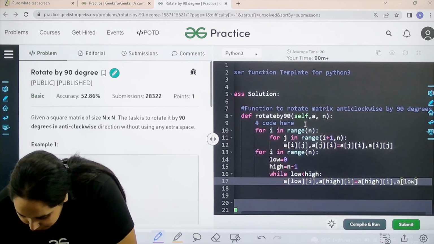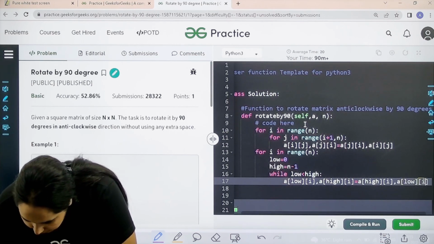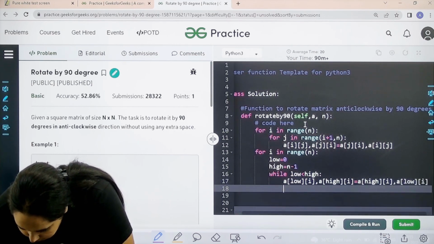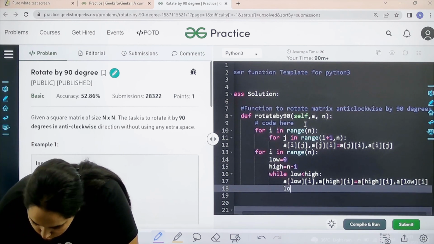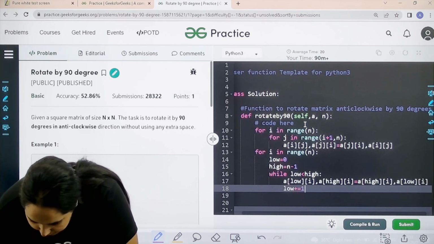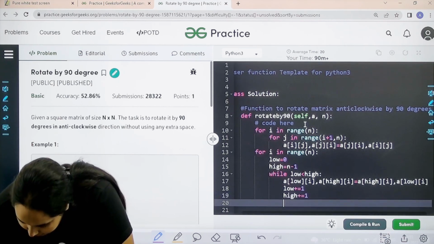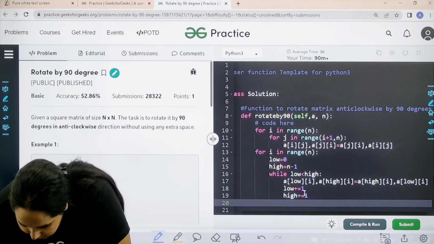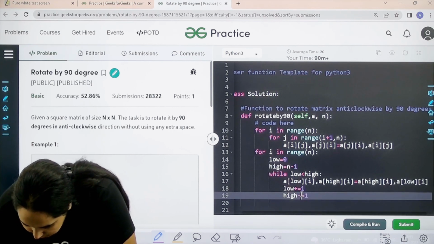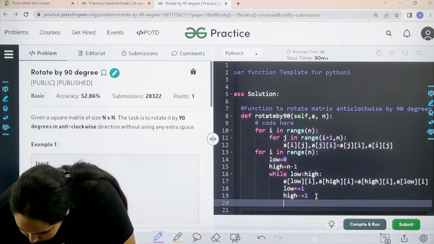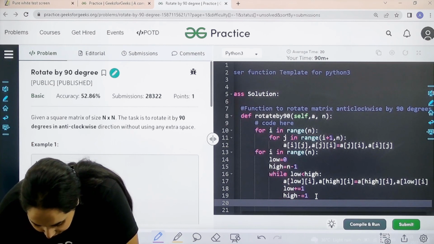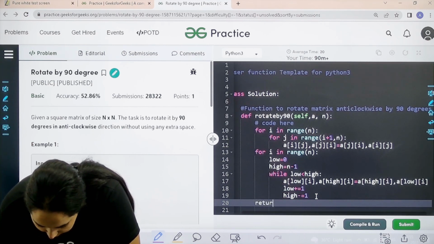Basically we are swapping the values. Now low += 1, and for high, I need to decrease the value, not increase, so high -= 1. Finally I can just return a.